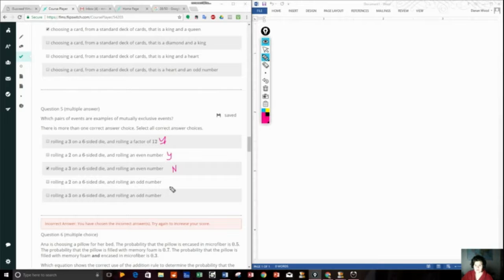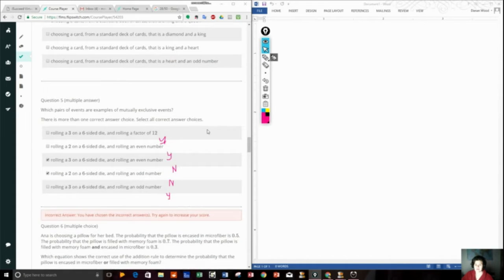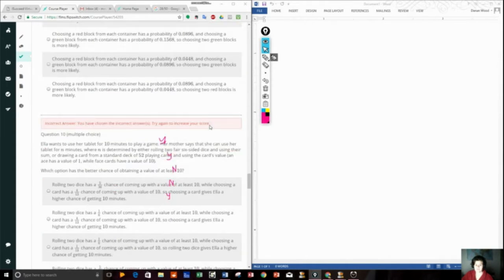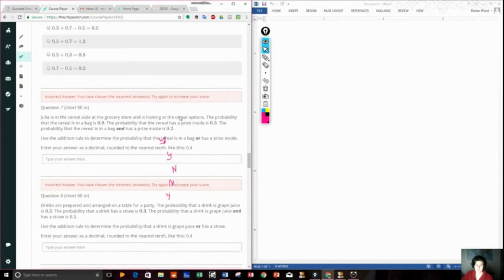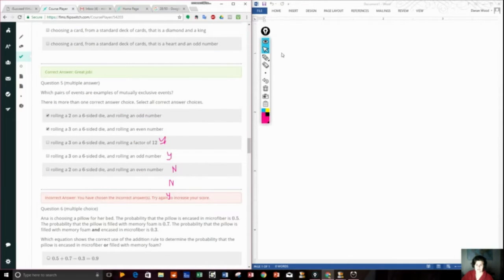Well, 2's even, so they could not happen at the exact same time. So that's mutually exclusive. And rolling a 3 on a 6-sided die and rolling an odd number. Since 3 is an odd number, they can occur at the same time, so they are not mutually exclusive. Great job.